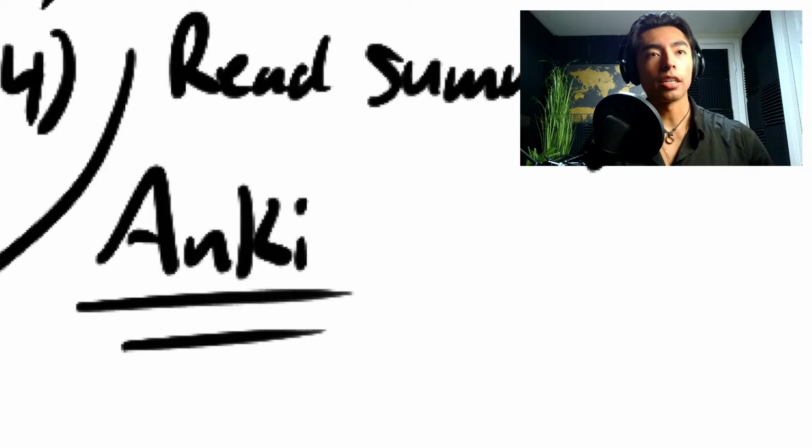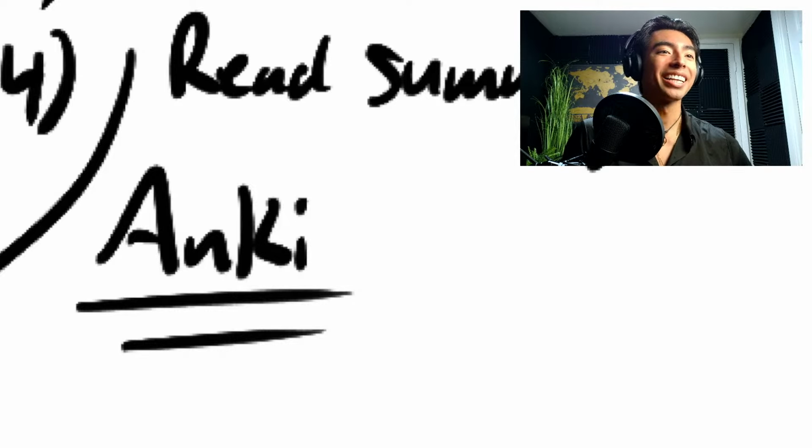And then you can study them without having to think about what to study and when, because it has a built-in algorithm that tells you what to study and when, and it's free. So I don't see any downside. You can log in on any device and just continue from where you left off.